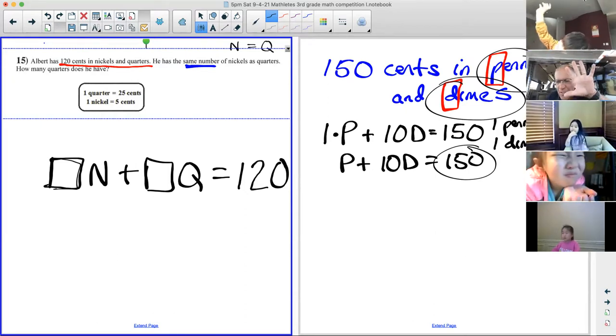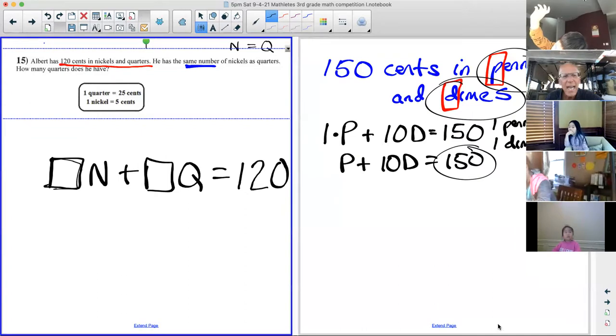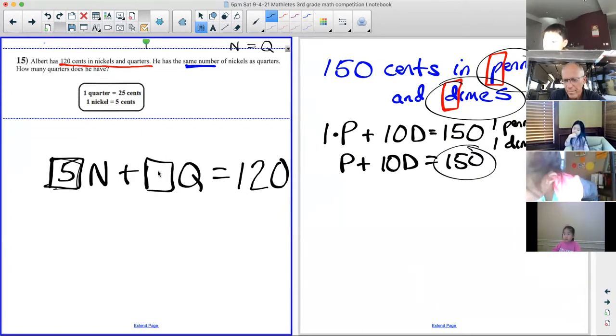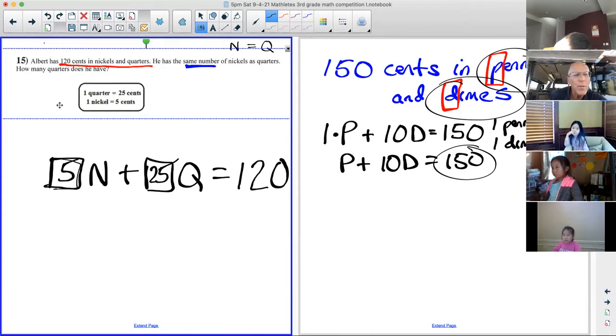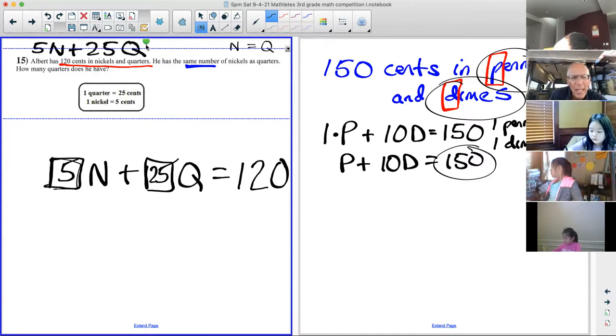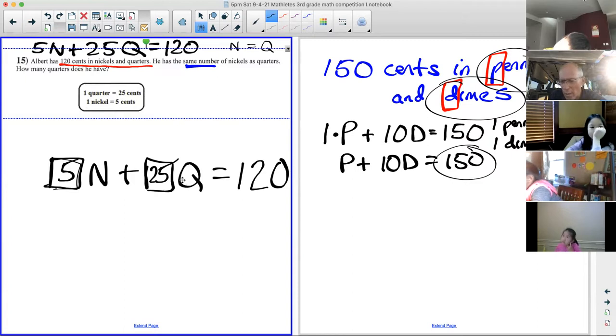There are 5 cents in every nickel. Jason, how many cents are there in every quarter? 25 cents. So everybody, you can write down 5N plus 25Q equals 120 cents. Now that is pretty cool.